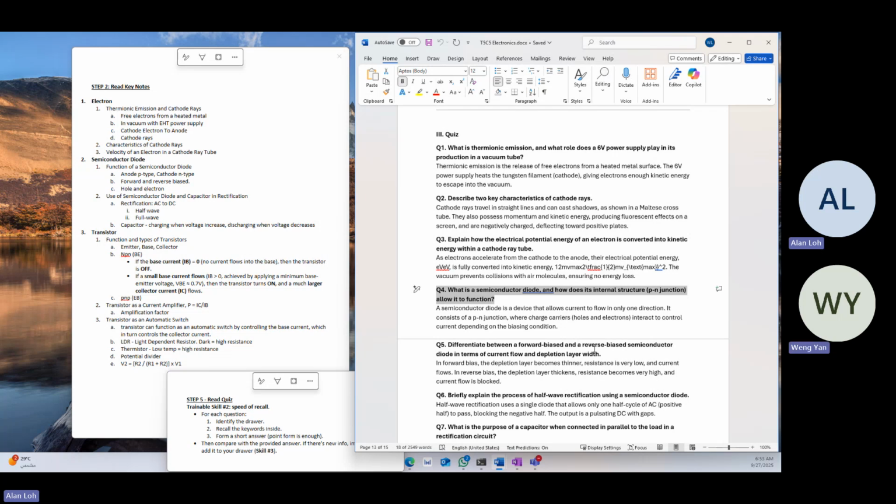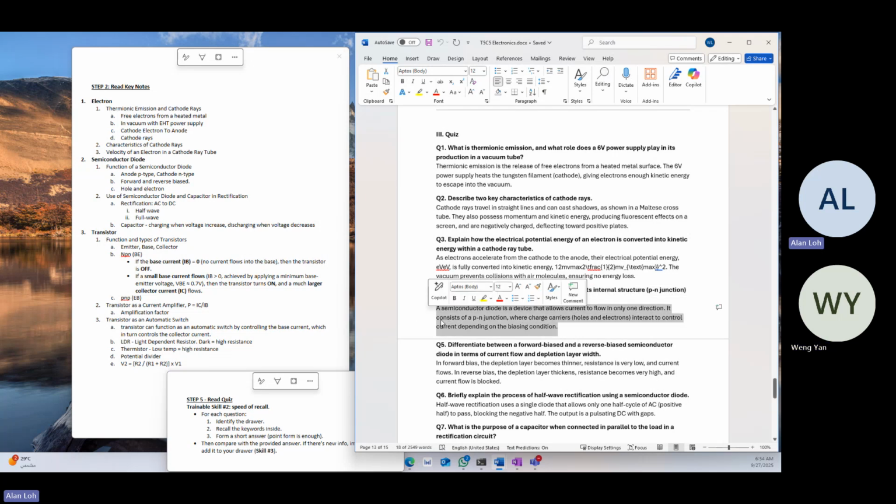Second one, p-n junction is, P type is the hole, N type is the electron.